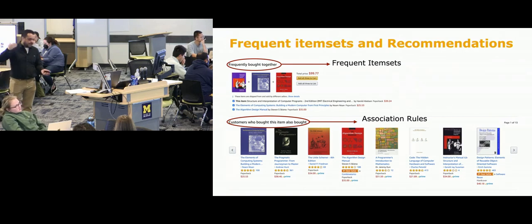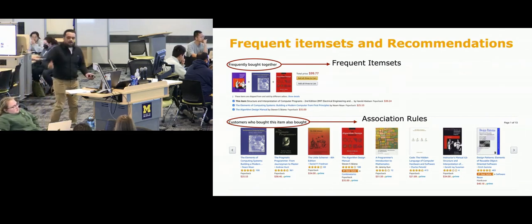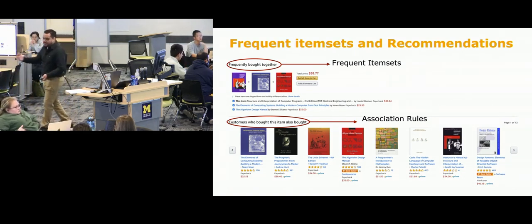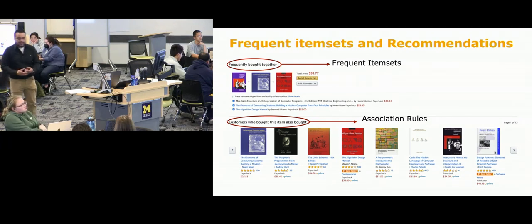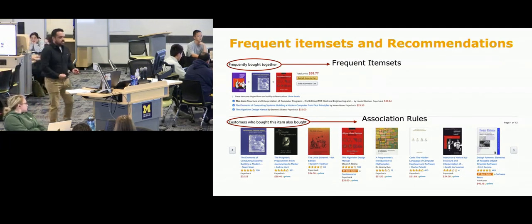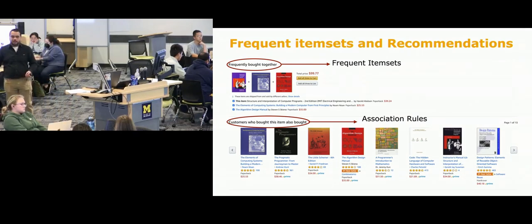Frequent item sets surpass some threshold that Amazon might have set based on their prior domain expertise and what they might have seen people purchasing in the past. And then you also see association rules on Amazon, okay? Customers who bought this item also bought this, right?